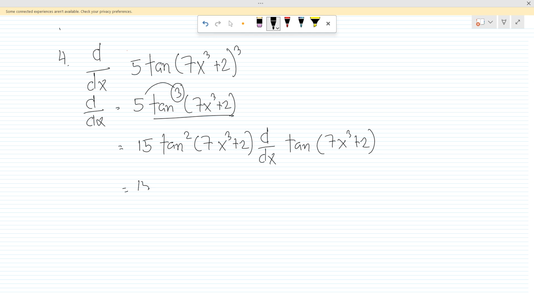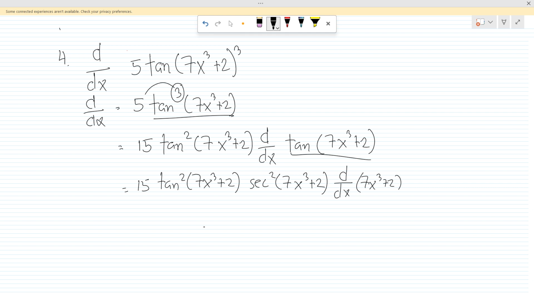Then, 15 tangent squared of 7x cubed plus 2. What is the derivative of tangent? Secant squared. Just copy our angle, 7x cubed plus 2. Then take the derivative of that angle, our u, which is 7x cubed plus 2. So, 15 tangent squared of 7x cubed plus 2, secant squared of 7x cubed plus 2. Then what is the derivative of 7x cubed? 21x squared.